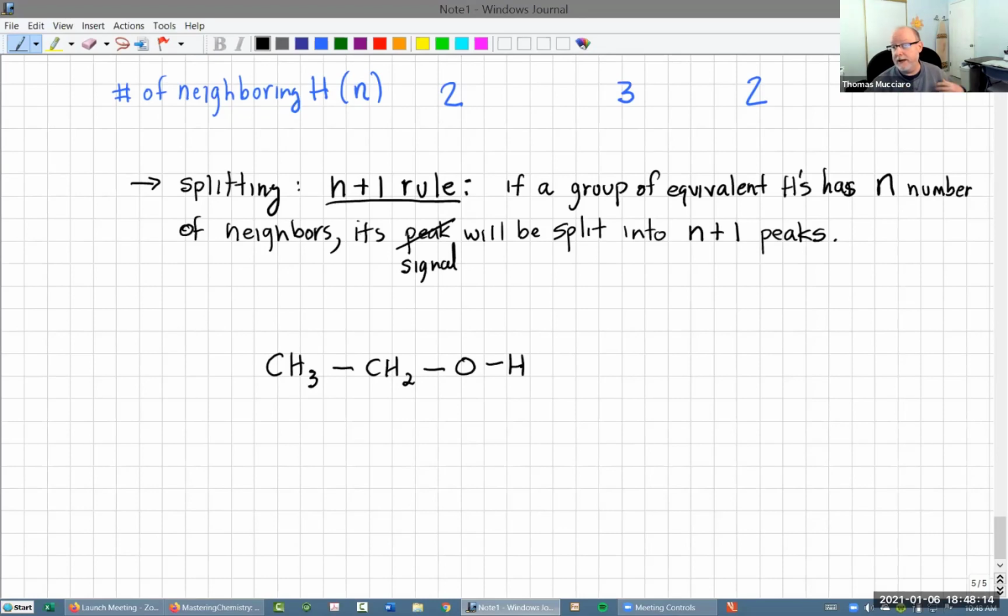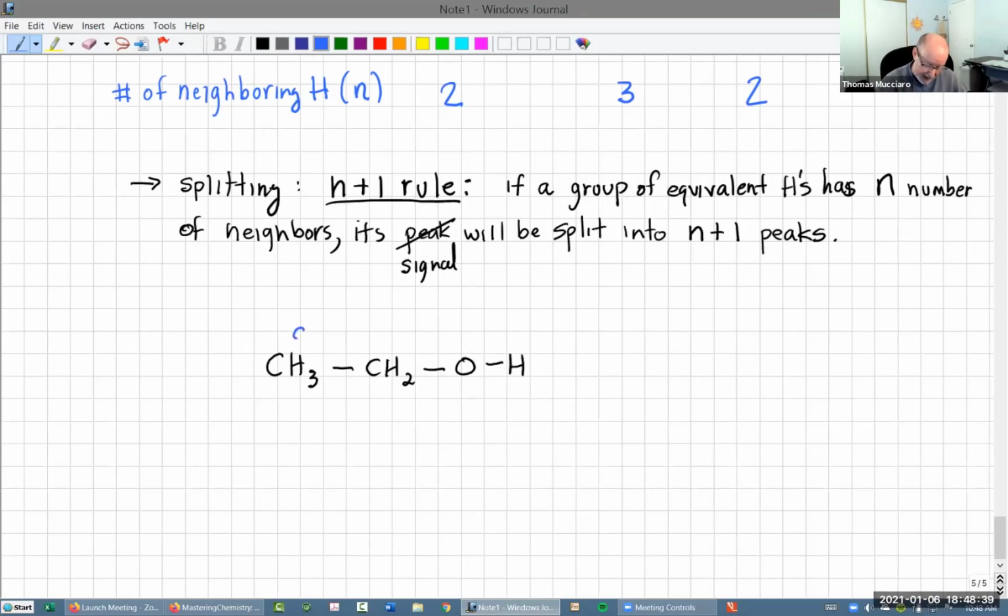It'll also give me an opportunity to tell you one of the first of many exceptions to this rule that we'll cover in advanced NMR tomorrow. But this is the simple rule. It applies in a lot of cases, and it's probably as sophisticated as the MCAT would ever expect you to know it. So let's just take a quick look.